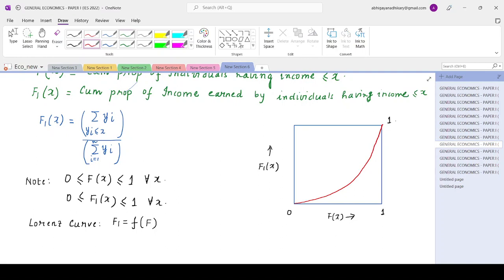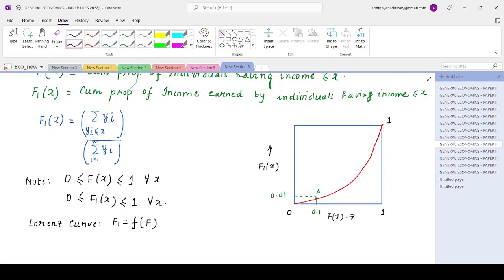Okay. Now let us have an understanding of what the points on the Lorenz curve mean. Now suppose I talk of a particular point, let's say this point, point A, where the horizontal axis is 0.1 and the vertical value is something less than 0.1, that is 0.01, let's say. Why am I saying that this will be lesser than 0.1?